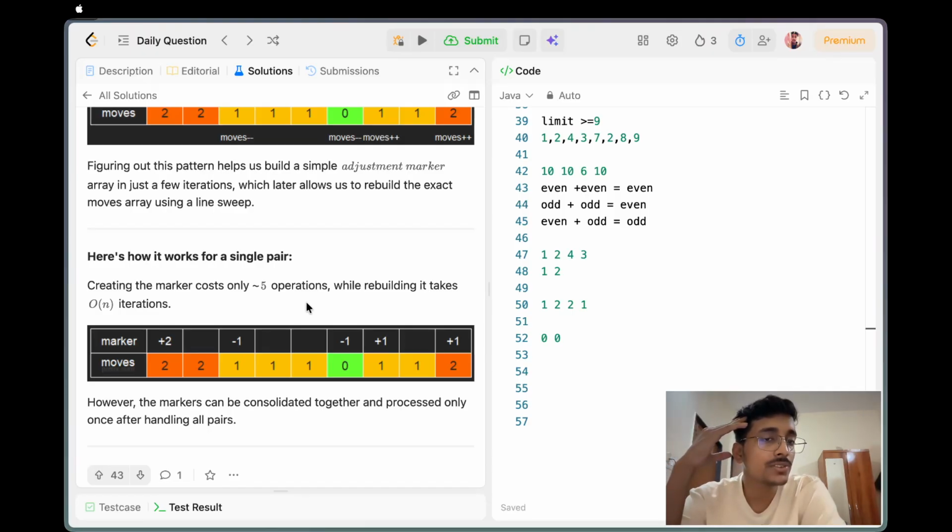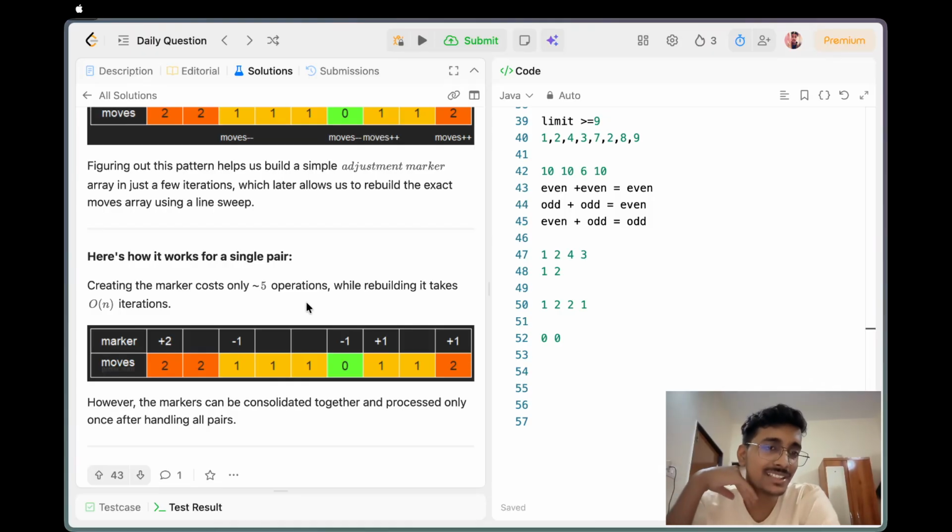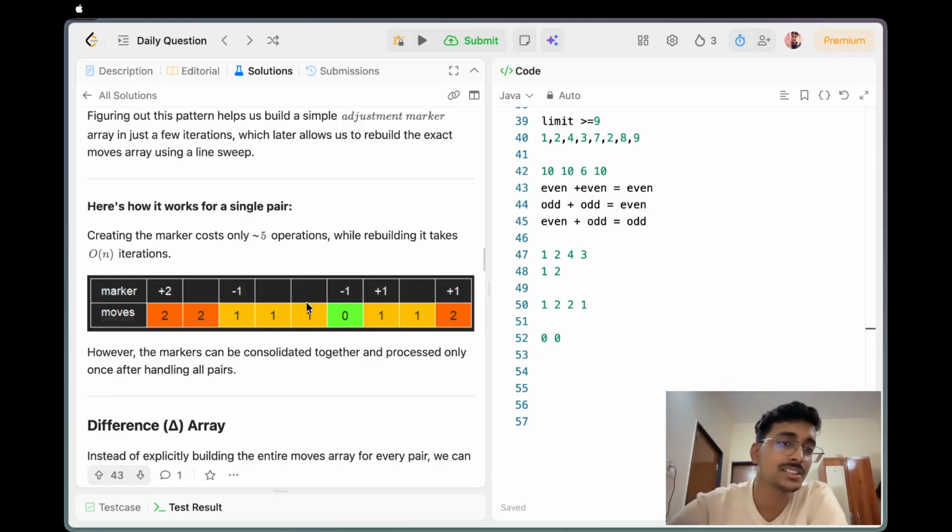Here is how it works for a single pair. Creating the marker costs only 5 operations, while rebuilding it takes crazy. What is he doing?